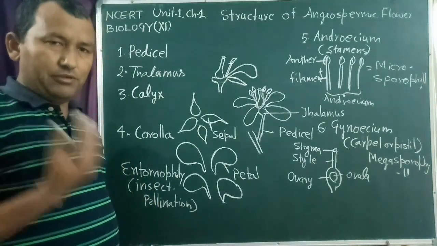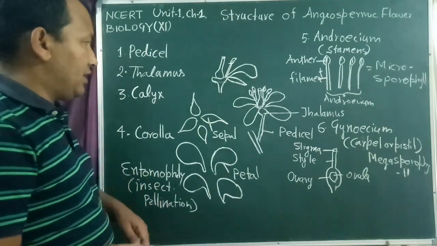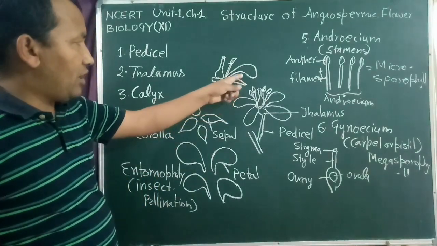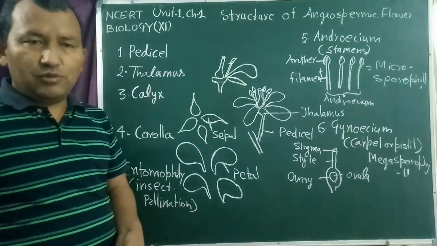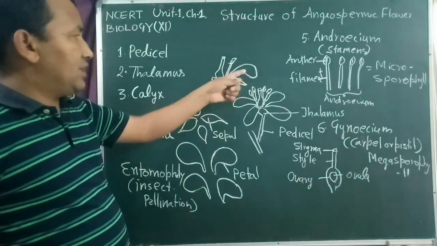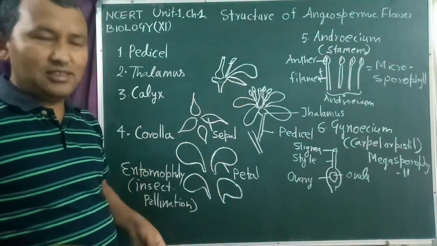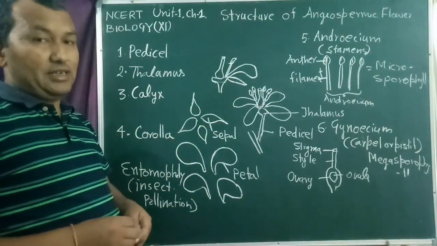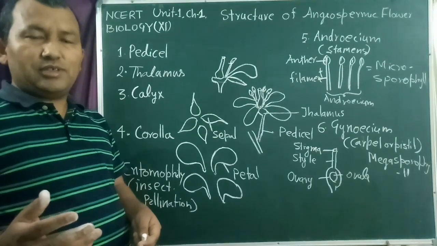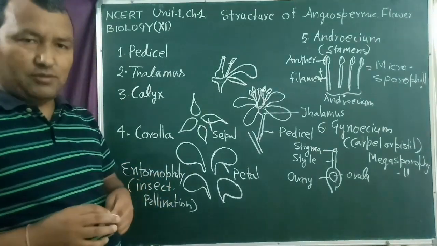When we use the term flower, it indicates the presence of certain parts, like calyx, corolla, androecium and gynoecium. In gymnosperms, we do not have calyx or corolla-like structures, we do not have petals or sepals. That is the reason air pollination takes place. No insect pollination takes place.